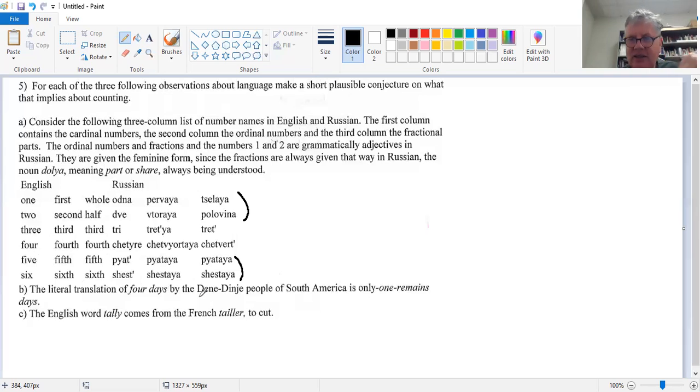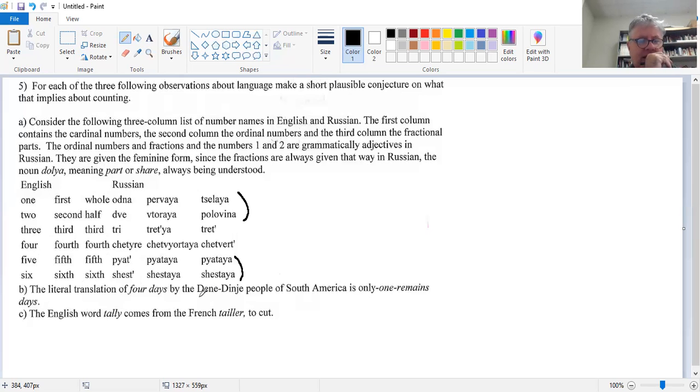This is actually one thing that anthropologists do when they classify different cultures. Cultures count things in different ways, and so you can find relationships between cultures if they count the same way and have various customs that they do.